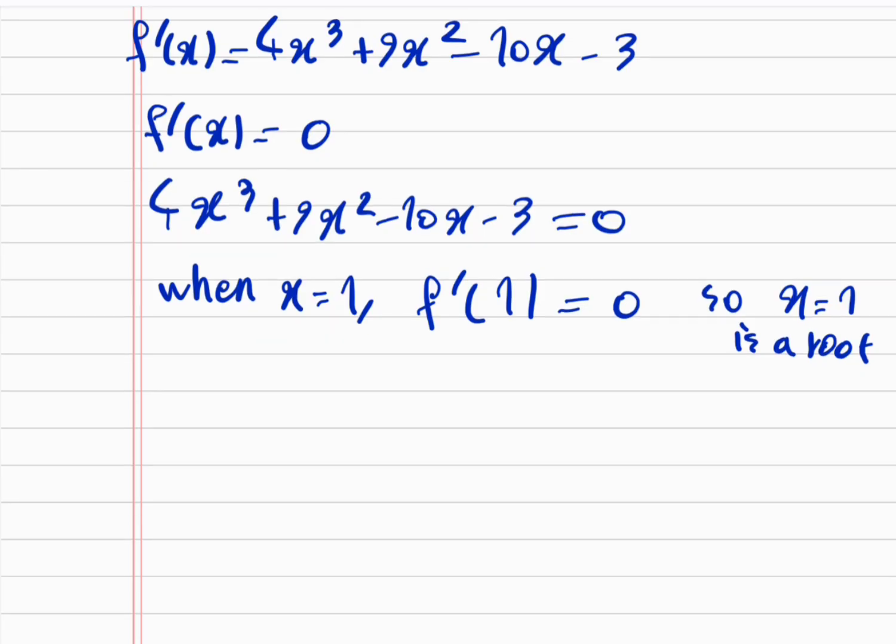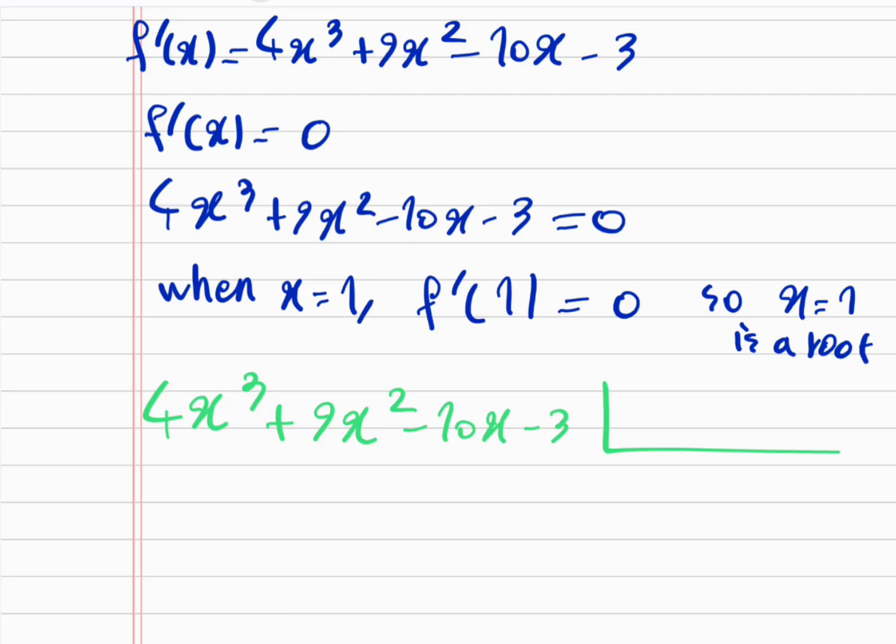So I'm going to use long division now. 4x cubed plus 9x squared minus 10x minus 3 divided by x minus 1. It's always x minus the root that you find by the factor theorem.